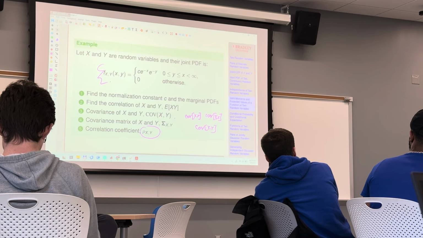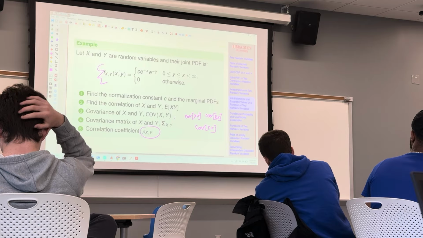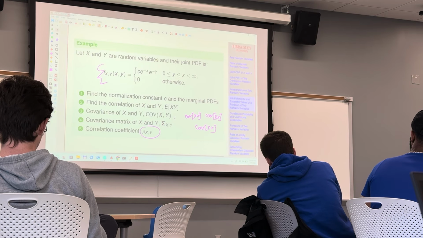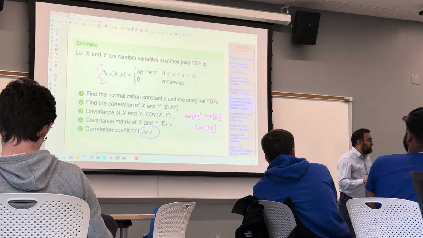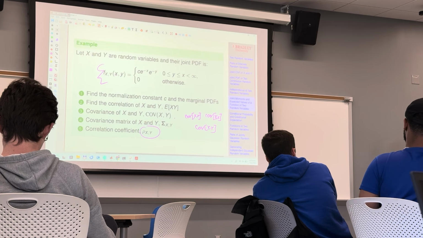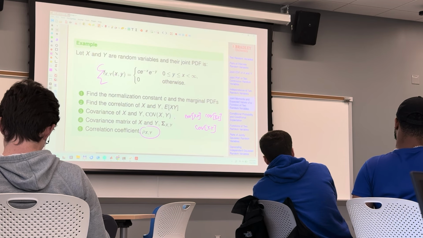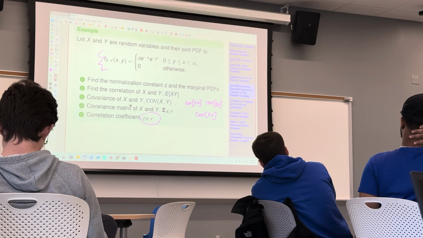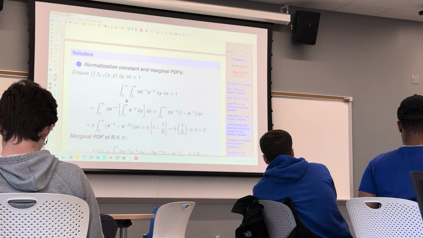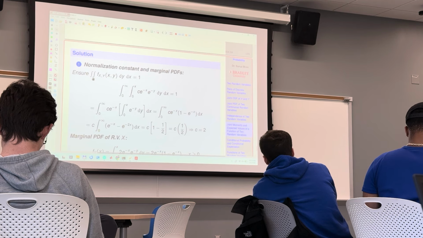So it is not from the book. I just took the joint PDF from one of the examples, but I made these 5 parts so that it's easy to link the theory that we went through so far and practice. So, the normalization constant.